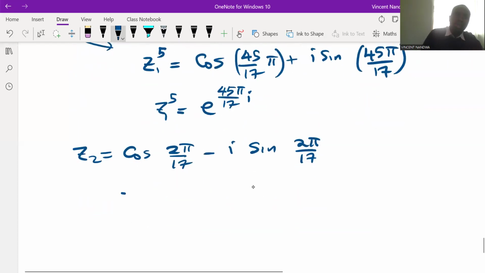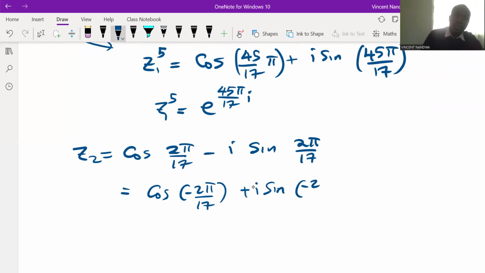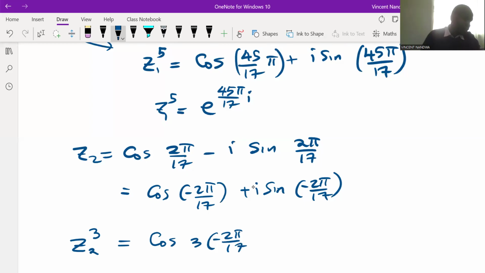So this can be written as cos minus 2 pi over 17 plus I sine minus 2 pi over 17. So that we have the structure cos theta plus I sine theta. So Z2 power 3 will be cos 3 times minus 2 pi over 17.